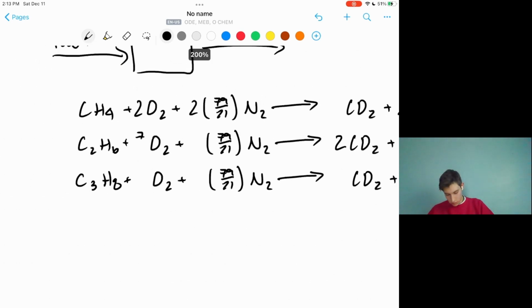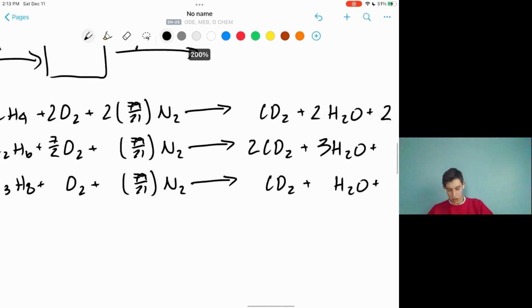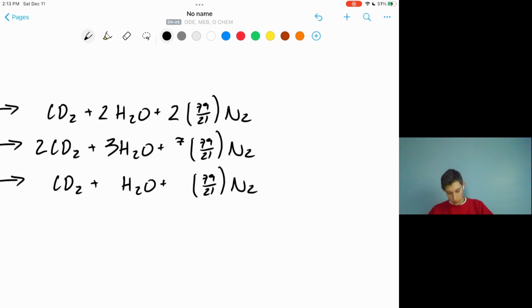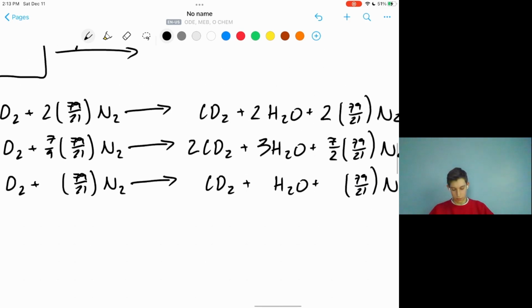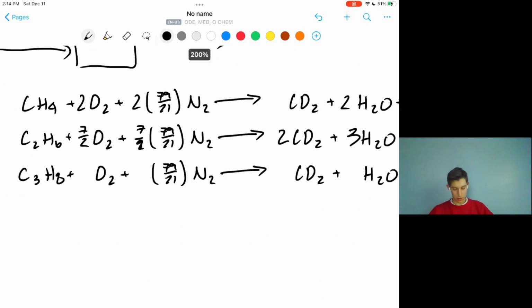So if we do 7 over 2, multiply O2 by 2, we're left with 7, so 7 and 7 on both sides. And then again, we're going to have to multiply the coefficient of nitrogen as well.